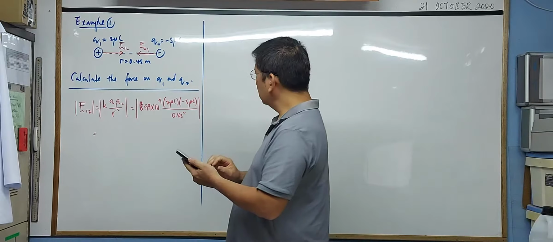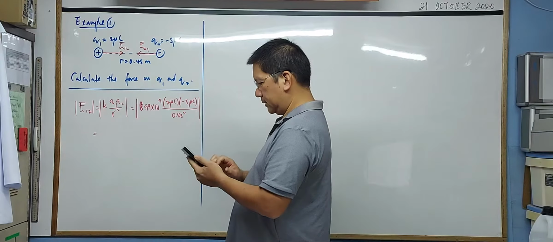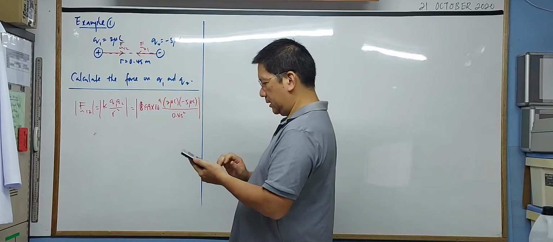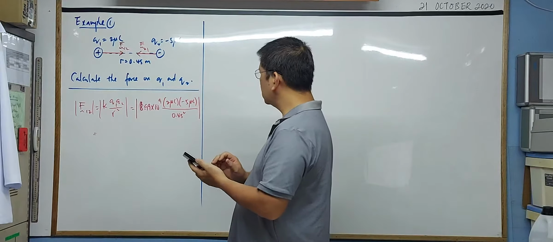2 times 5 times 10 to the power negative 12 times 8.99 times 10 to the power 9 divided by 0.45 squared.